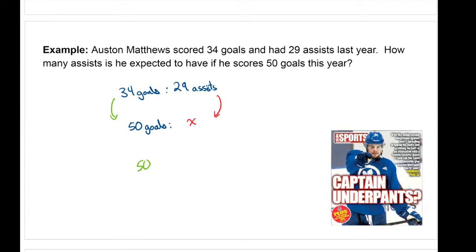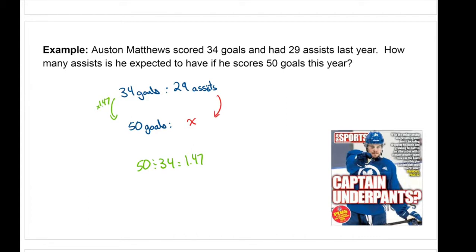You can do 50 divided by 34, just figure out how many times 34 goes into 50, which is 1.47. So if I do 34 times 1.47, I get my 50, or close enough. It might be a slight rounding error.